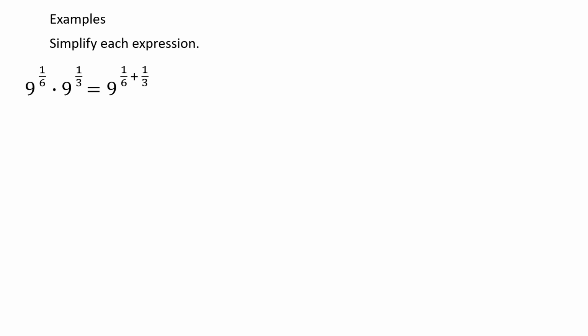That's right, we need a common denominator. So I can rewrite 1/3 as 2/6. Now 1/6 plus 2/6 makes 3/6. So I've got 9 to the 3/6 power. Of course, 3 over 6 reduces to 1/2, so I'm really looking at 9 to the 1/2 power. And of course, the second root of 9, also known as the square root of 9, will be 3.